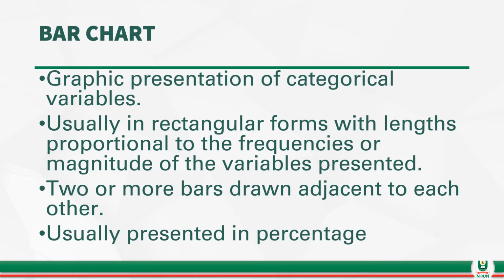A bar chart is usually used for categorical variables, in the form of rectangles with lengths that are proportional to the frequencies and magnitudes of the variables presented. Usually 2 or more bars are drawn adjacent to each other and could be presented in percentages.